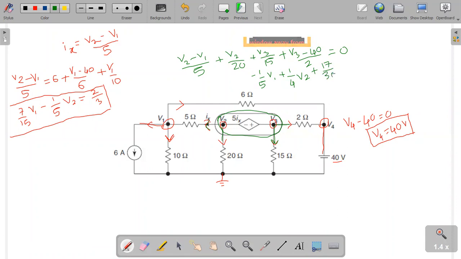So this is the equation we will get after simplifying the second equation.